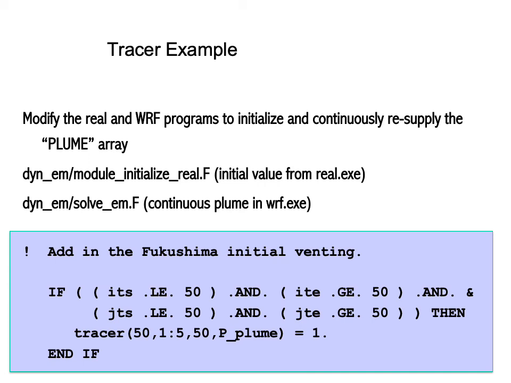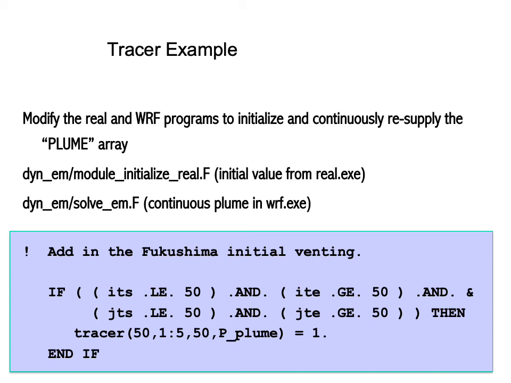Inside of the solver, we do the exact same do loop. Inside the solver, we're going to say if we are at the grid cell that is associated with Fukushima, so in this case it's grid cell 50, 50, we're going to take the tracer array, the 4D array, and we're going to use the component that is plume.